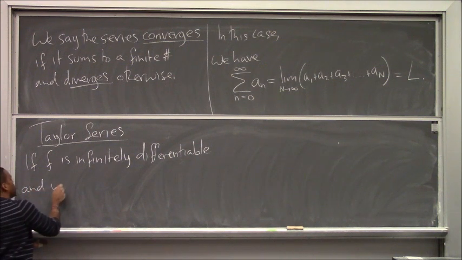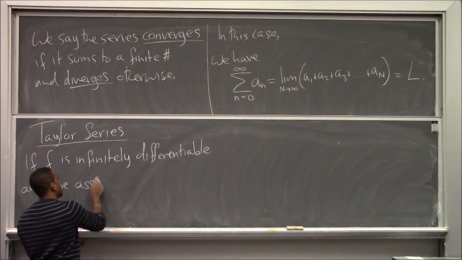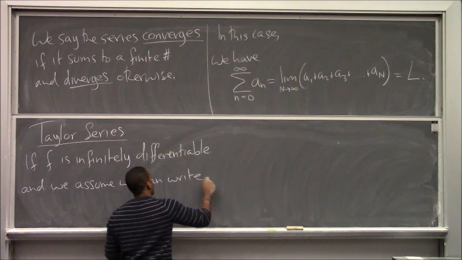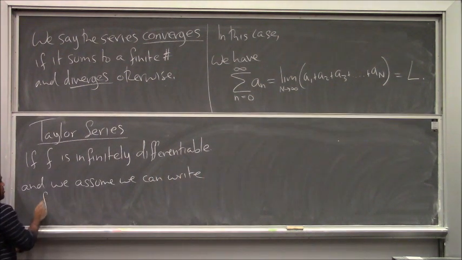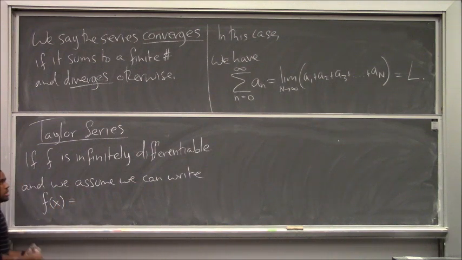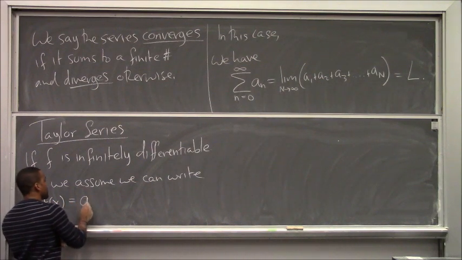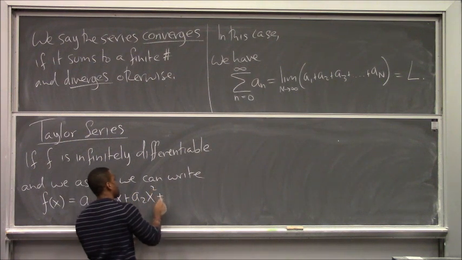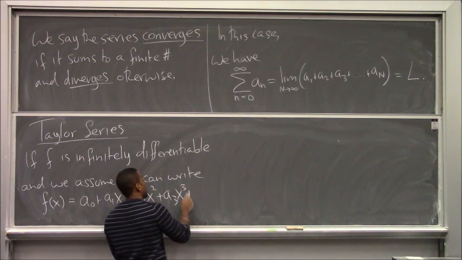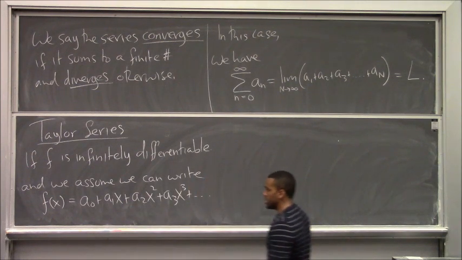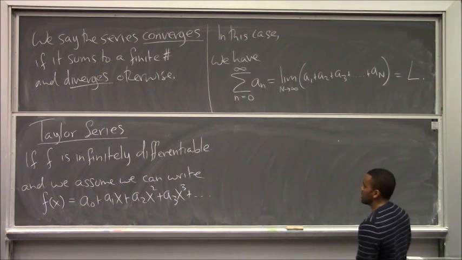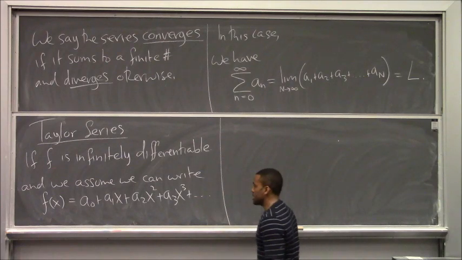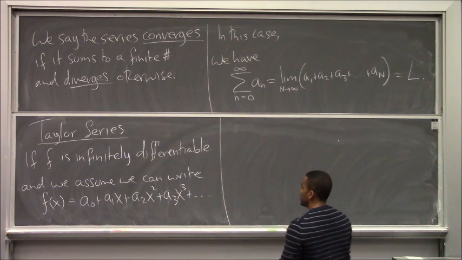We assume we can write f of x as an infinite polynomial, an infinite series of terms that looks like this. Clearly if f itself is a polynomial, there will be a finite list of such terms, but what if f isn't a polynomial?